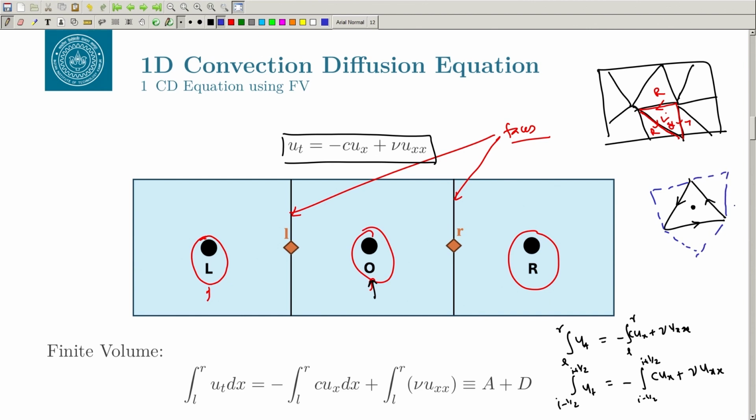That is why the L and R conventions are very convenient. If you take this edge here, this is my left and there is one on the right. Now, there are two kinds of conventions used in finite volume.